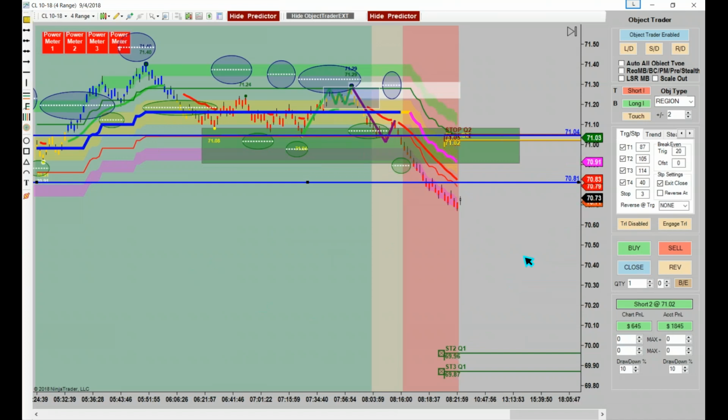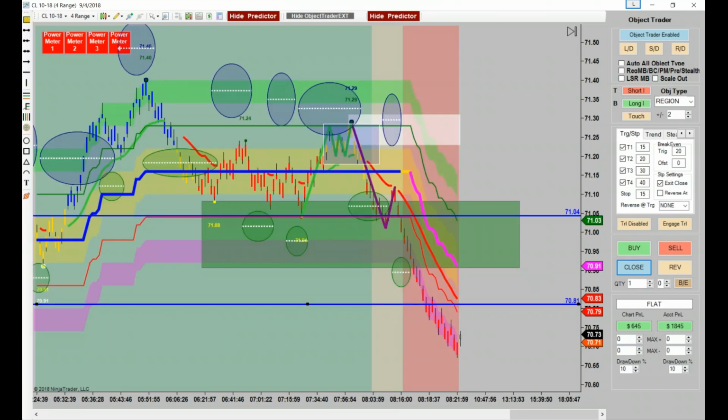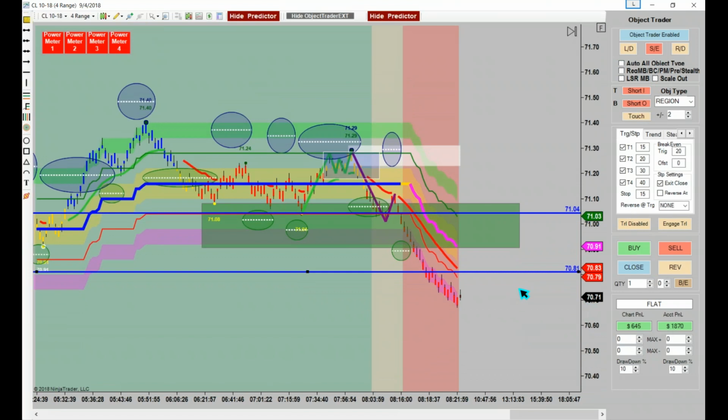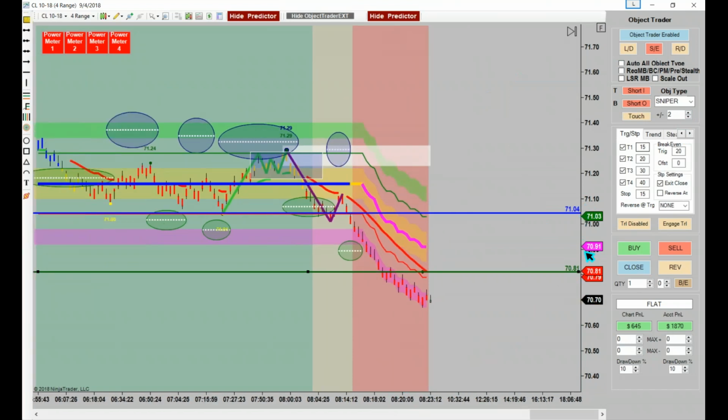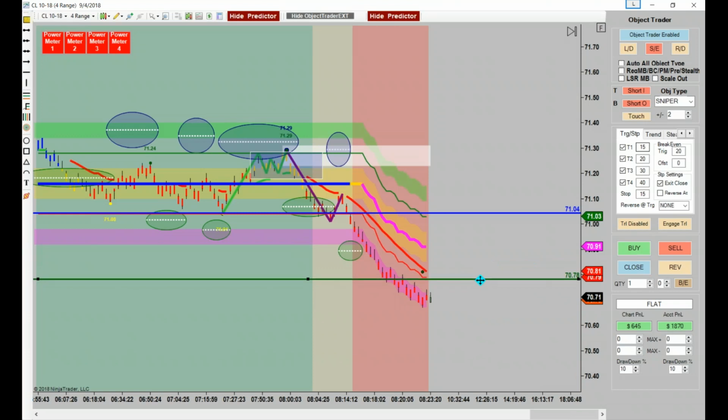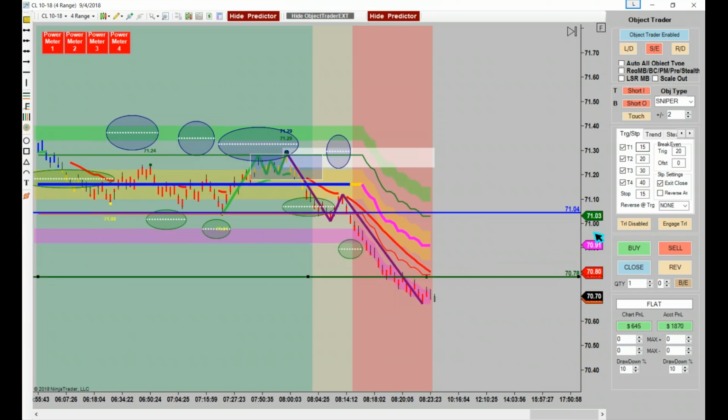Let's say that I wanted to get in this trade, and hopefully I can get it. We'll do sniper on this one instead, and I'll hit enter. Now if this gets within 2 ticks of line 2, it will go ahead and fire a trade, but I'll have to keep moving this, because that line 2 moves.